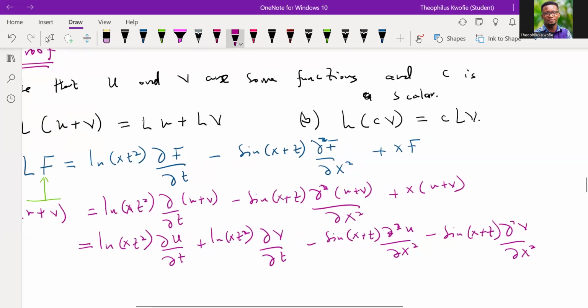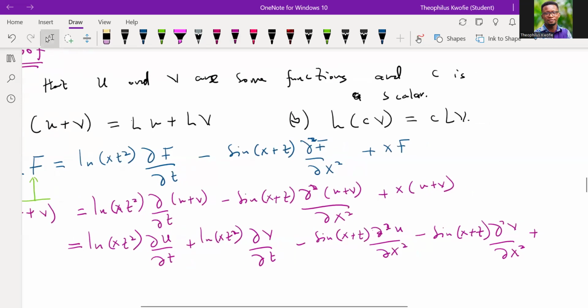Then finally, we also have to distribute that, and that gives us xu plus xv. So let's take note of that.